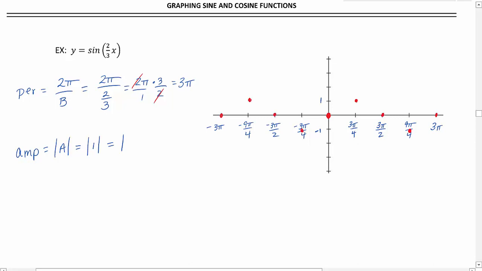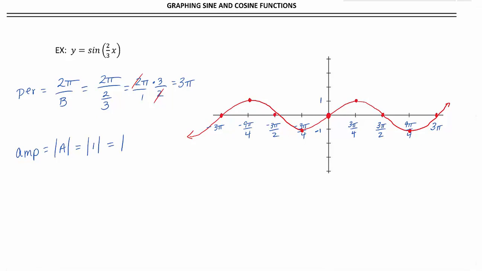Now that we have our points, we're ready to draw in our sine graph. And there we have it. The graph of y equals sine of 2/3 x.